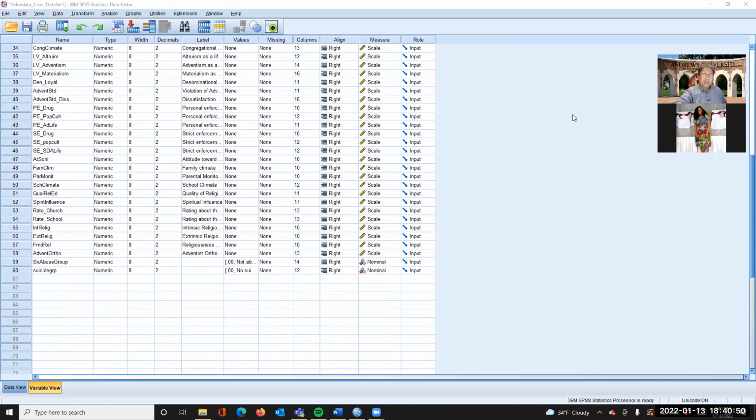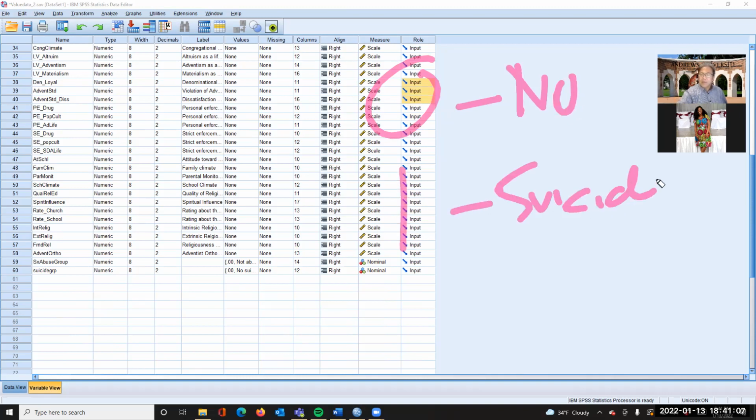So in this data set, I created a binary suicide group in which 0 is no suicide and 1 is suicide. In other words, what would be some of the variables that would explain why students attempt suicide?